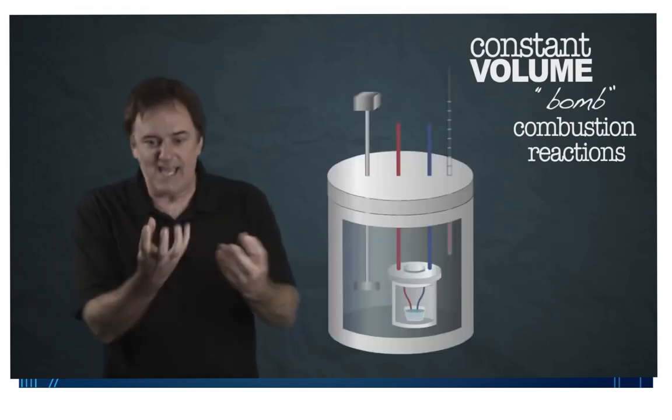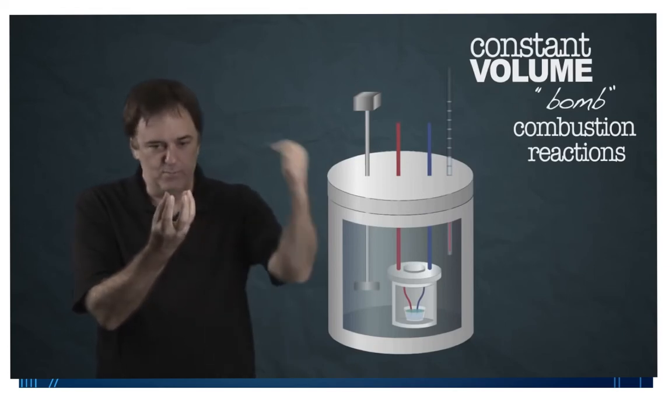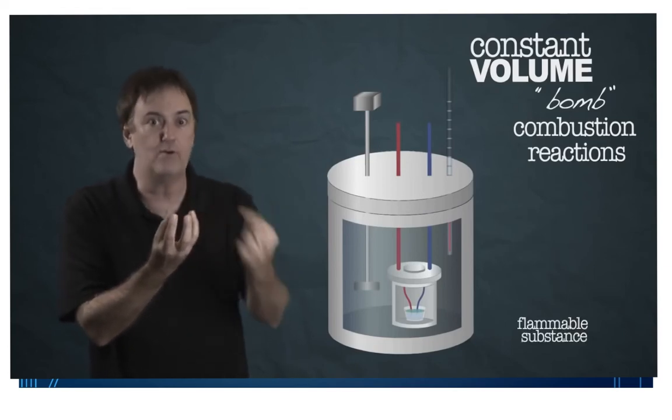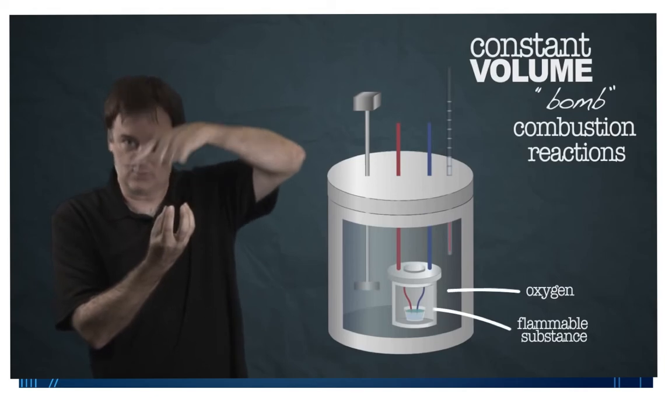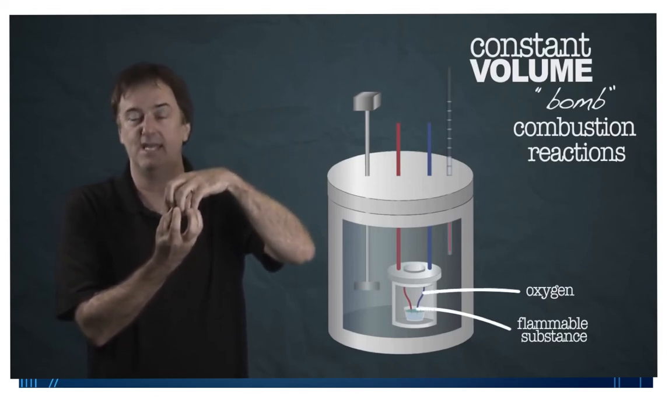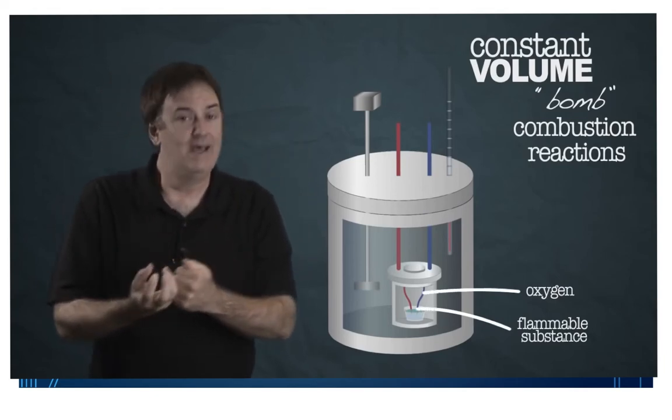Let's shift to constant volume calorimetry. We call it bomb calorimetry. It's the classic way we measure combustion reactions. It's our favorite thing to put in a bomb. Why do we call it a bomb? Well, you take a stainless steel container, you put something highly flammable in it with a lot of oxygen, and you screw the lid on really, really tight, and then you ignite it.